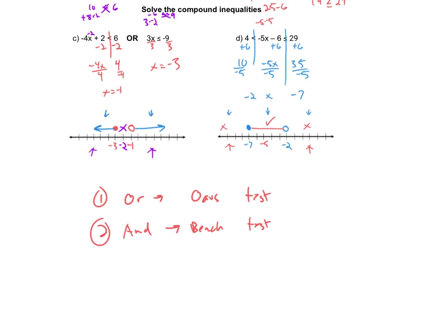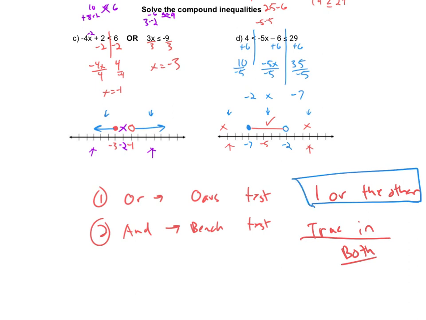But remember, with OR statements, it's one or the other. It should not be true in both of them. But if it's an AND statement, it does need to be true in both pieces here. In an OR statement, it's true in one side or the other side. That's what that means: this or that.